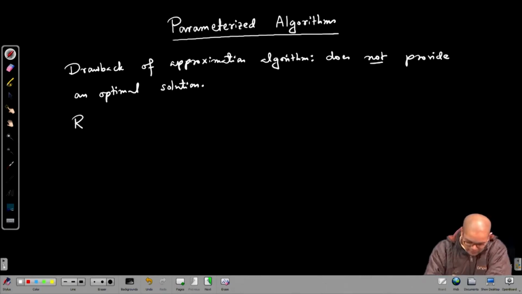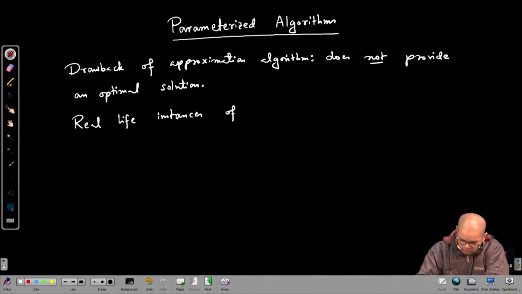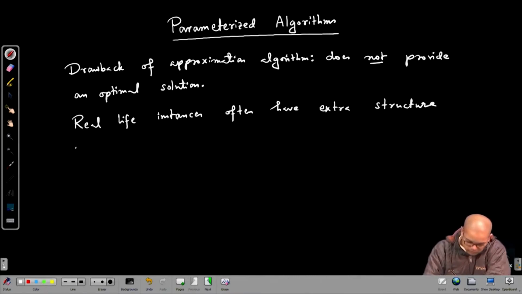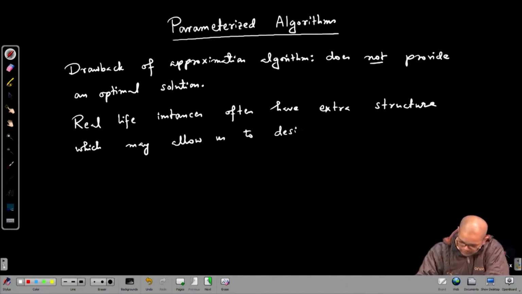Real life instances often have extra structure which may allow us to design an efficient exact algorithm.